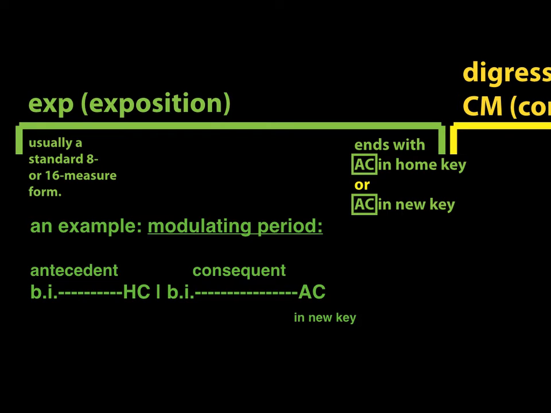Here it is. It's not very interesting, but it will do. Here's my antecedent phrase. I need a half cadence here. Half cadence. Now I'm going to come up with a consequent phrase, and this one will have to modulate and then end with an authentic cadence in that new key. Opening basic idea. Now we'll modulate. There we go. I've modulated to the key of 5.